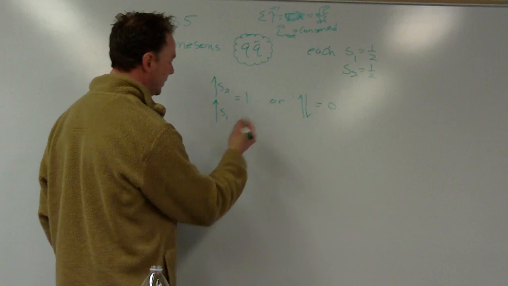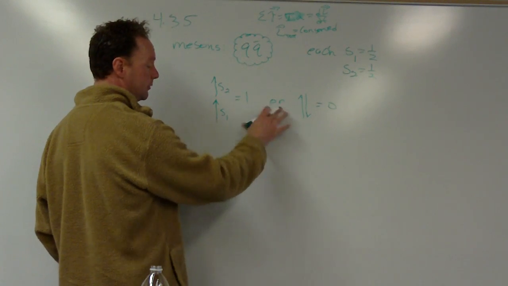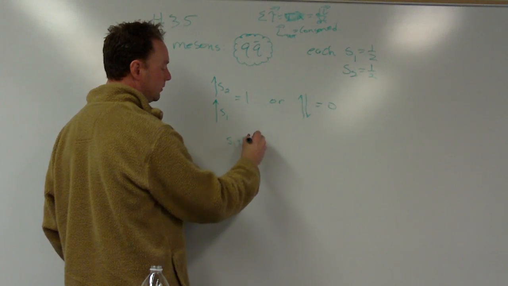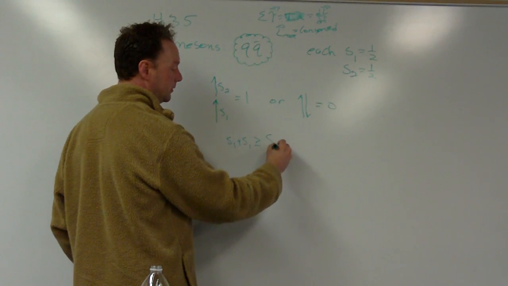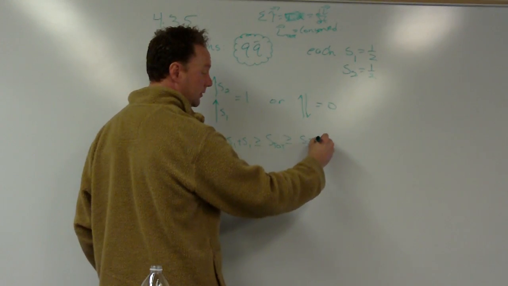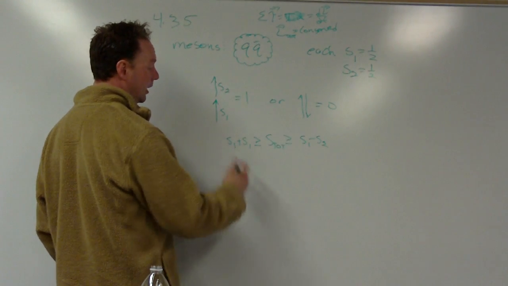All right, the other way to write this is you can just do it without drawing a picture. You can say that S1 plus S2 is greater than or equal to S total, which is greater than or equal to S1 minus S2, all absolute values.